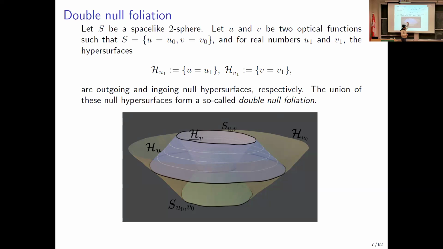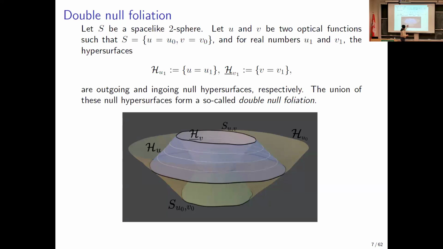And then you consider a second optical function that has the property that its level sets are null hypersurfaces. Okay, and now you can consider the intersections of these null hypersurfaces.